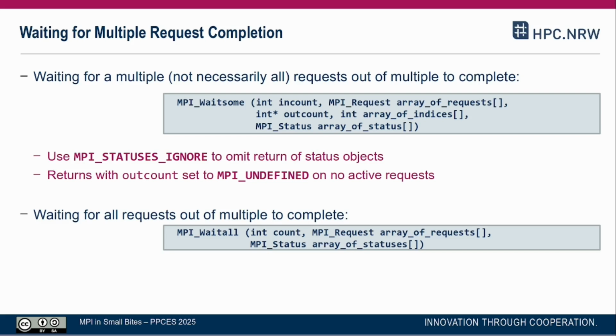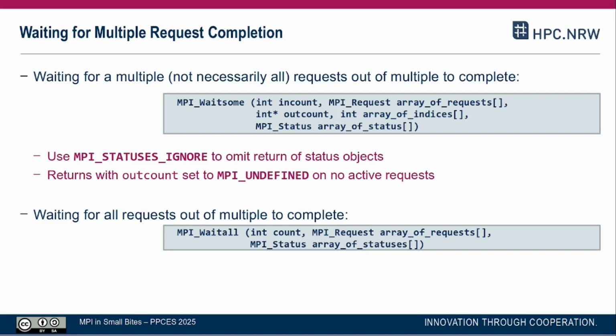Only try this out if it works for your application, if you see a problem with any of the other calls. In practice, personally, wait any helps you if you have more than one outstanding, and wait all is usually the right choice if you have to wait for all of them anyway, and you do not want to do anything in between.